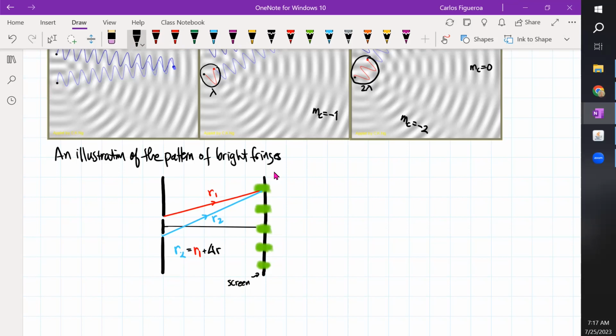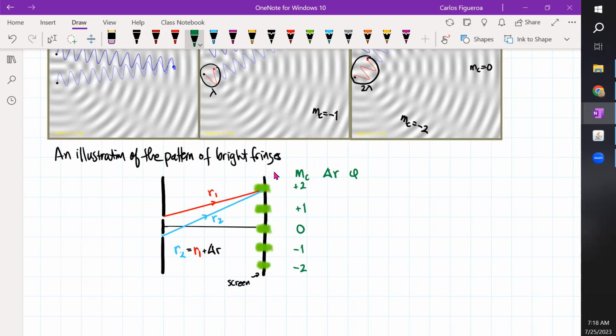So what we're seeing here is that I'm going to label these as m_c. Then I'm going to look at the path difference, and then I'm going to look at the phase. So this is what we call 0, plus 1, plus 2, minus 1, minus 2.